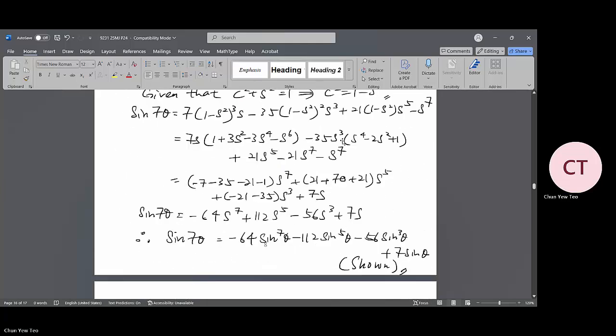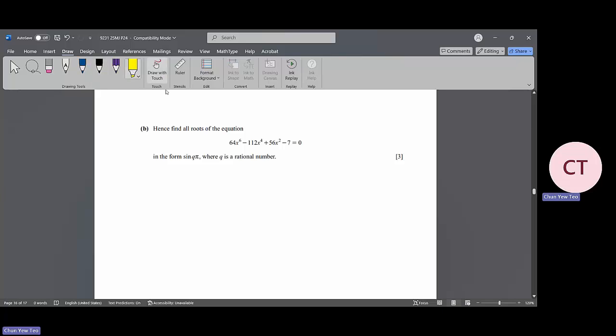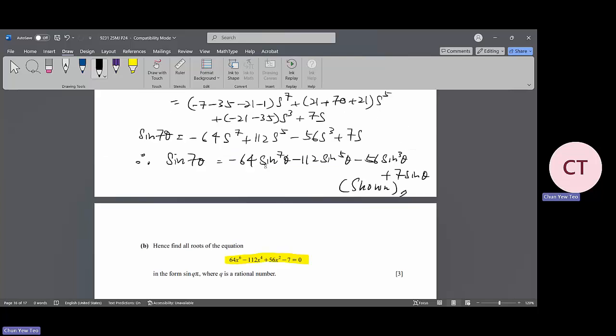Done. Then number 5B. So number 5B, we actually need to use the result in part A and to figure out how to solve it. So for part A, you can see that just now the power is power 7, but this one the power is power 6. Okay, and you can see that the coefficient here are the same. Only the positive and negative sign are different.